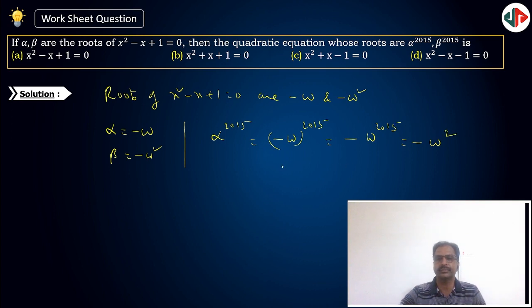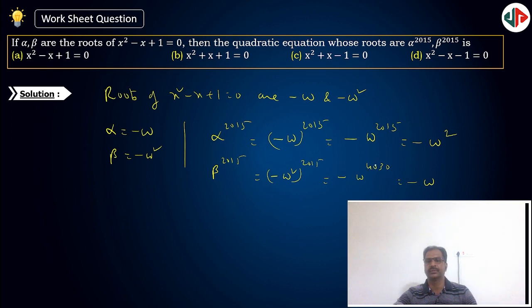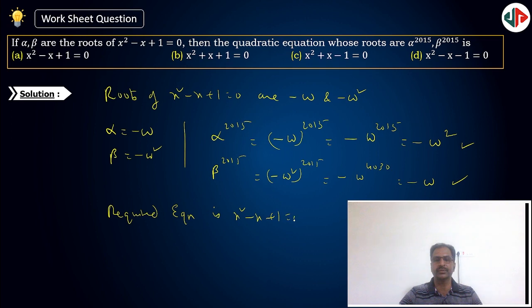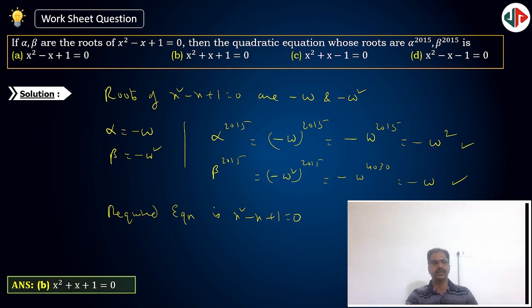So the remainder is 2. And what is beta power 2015? Minus omega square whole power 2015. This is again minus omega power 4030. Divide that number by 3, the remainder is 1, so minus omega. So what is the required equation? It is the equation whose roots are minus omega and minus omega square, which is nothing but x square minus x plus 1 is equal to 0. Option A. And the key is given wrongly. Option A is the correct answer.